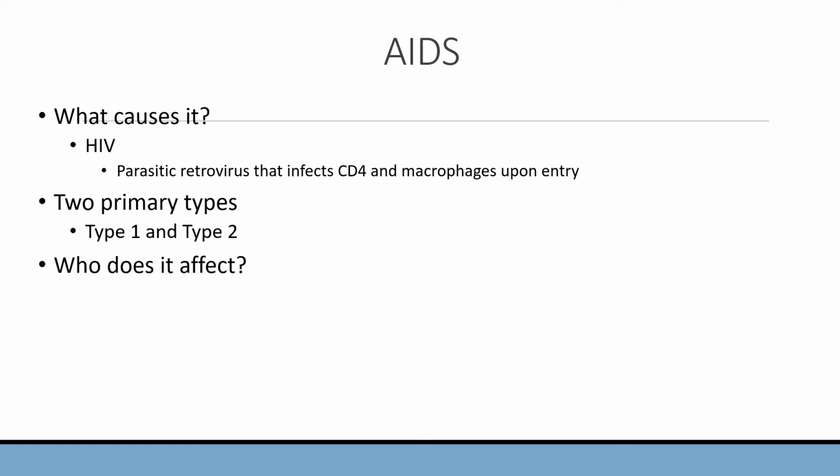We have two primary types of HIV: type 1 and type 2. Type 1 is the most common strain, and type 2 is more common in West Africa, and it progresses more slowly. AIDS affects really anybody, but there are populations of individuals who are more susceptible.